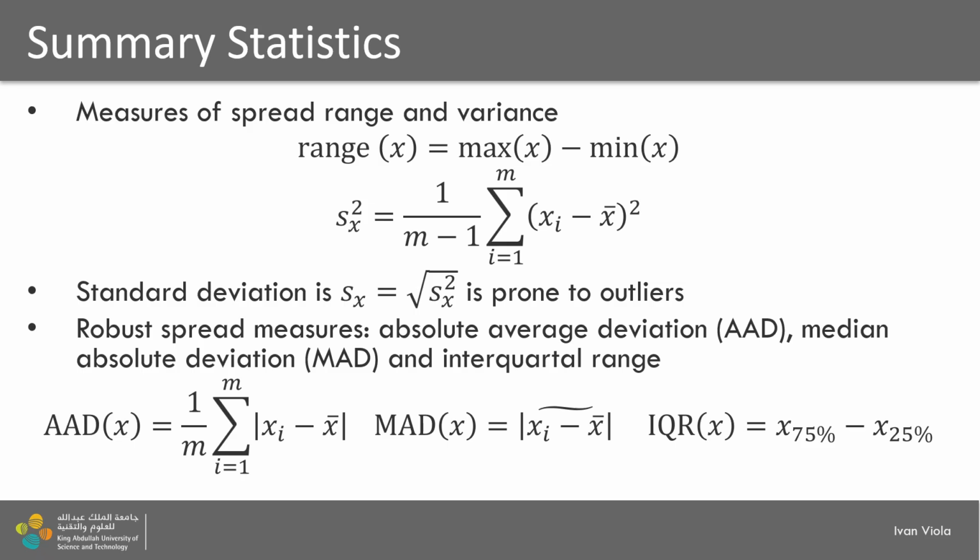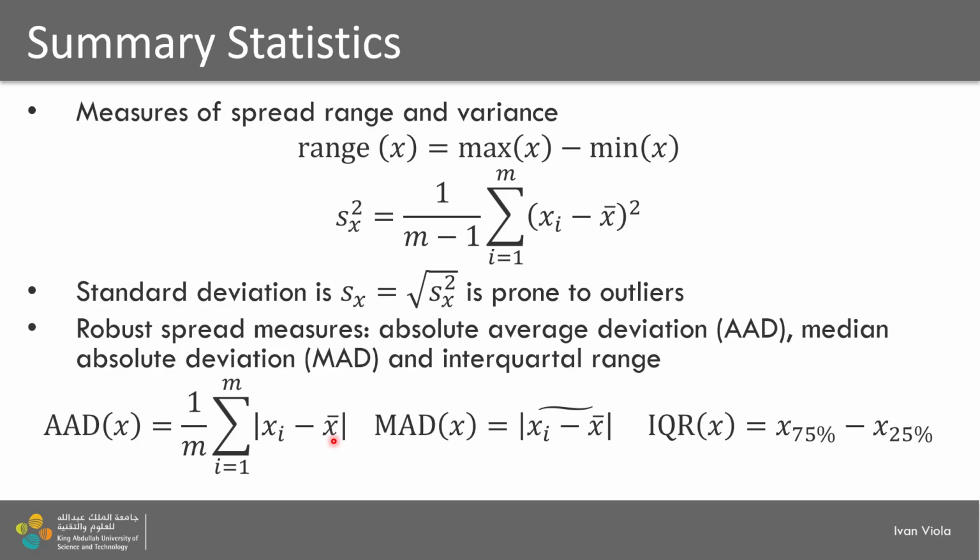And then we have some other measures of spread which are also robust with respect to outliers, like, for example, the absolute average deviation. Here the difference is not squared, and thereby we are not amplifying it.